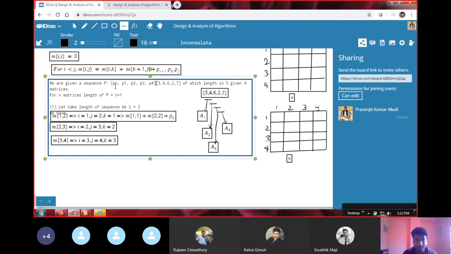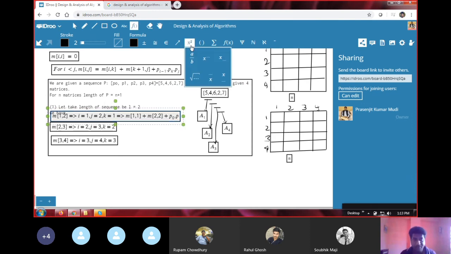This is equivalent to the given dimensions, that means P0 equal to 5, P1 equal to 4, P2 equal to 6, P3 equal to 2, P4 equal to 7. So this is that P0, then P suffix k, here 1, next P suffix j, which is 2.